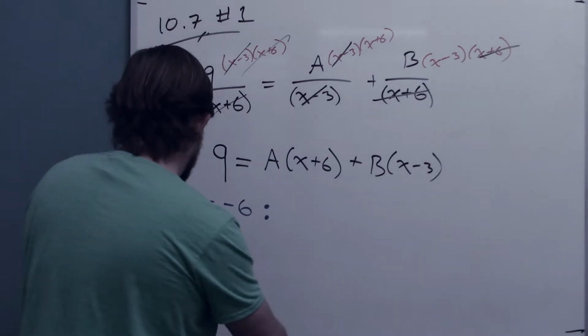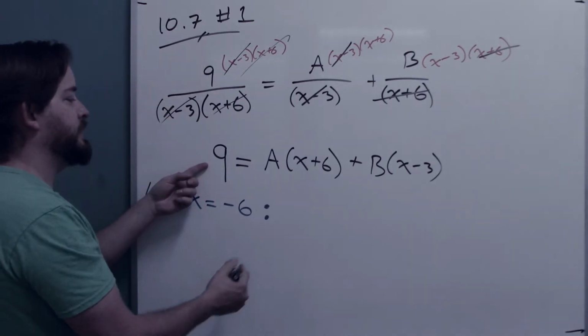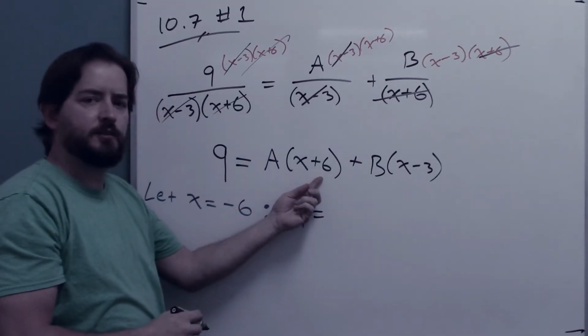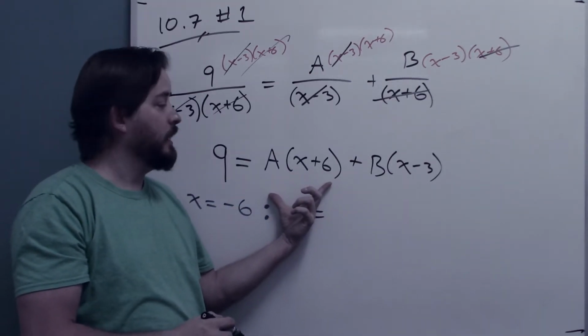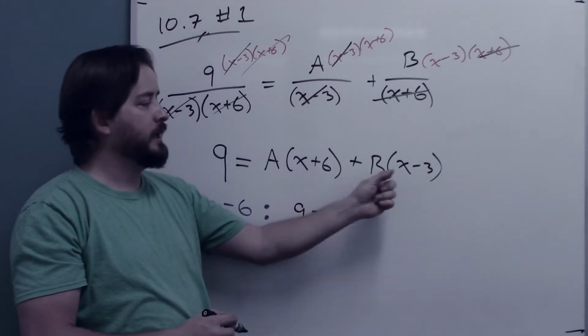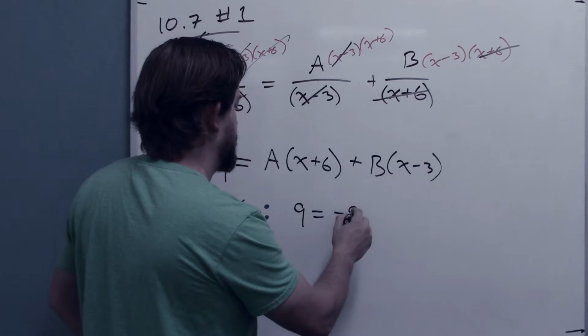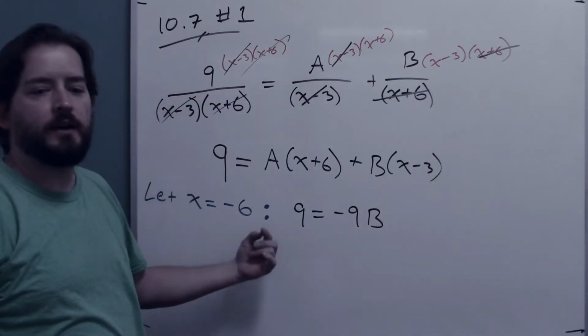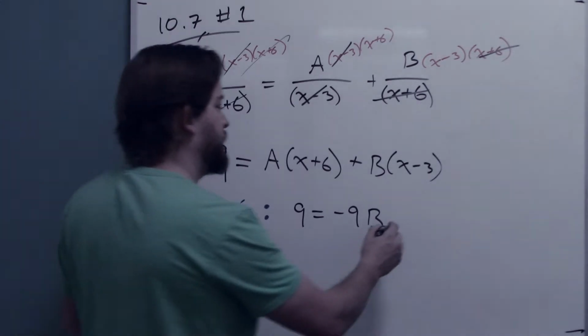So what happens if x is negative 6? My equation becomes 9 equals, negative 6 plus 6 is 0, so this whole term is gone, by negative 6 minus 3, that's negative 9, times B. How very convenient, B is negative 1 when I divide each side by negative 9.